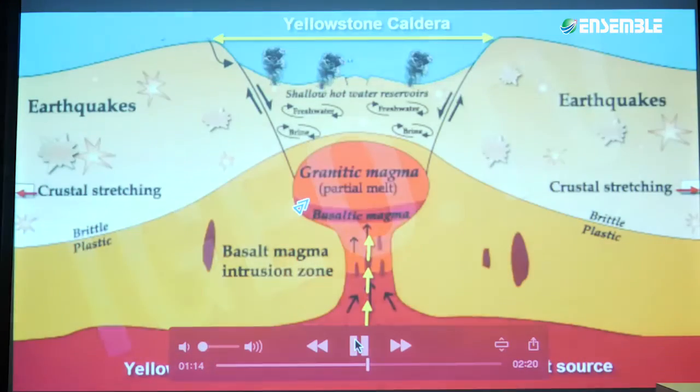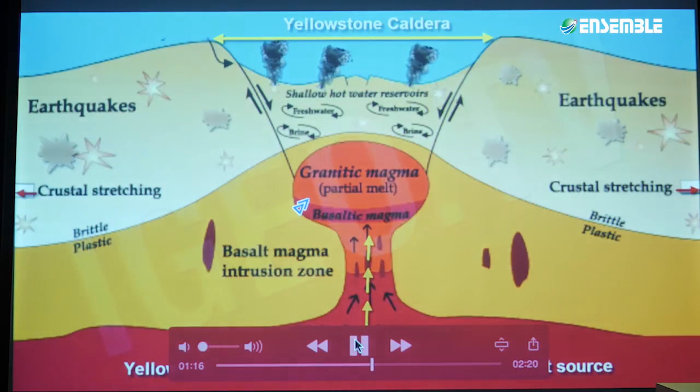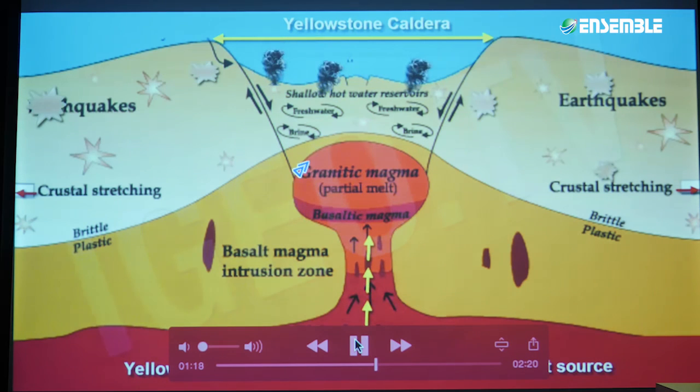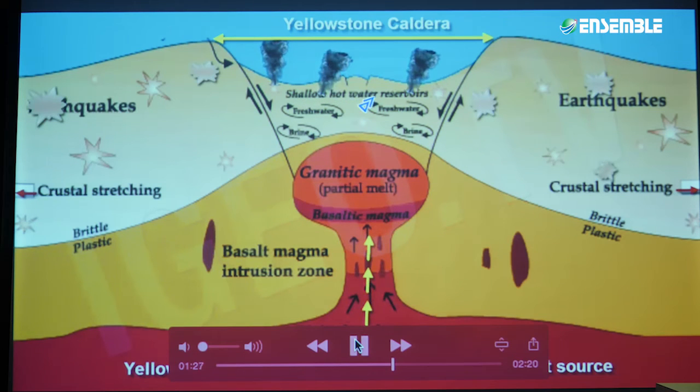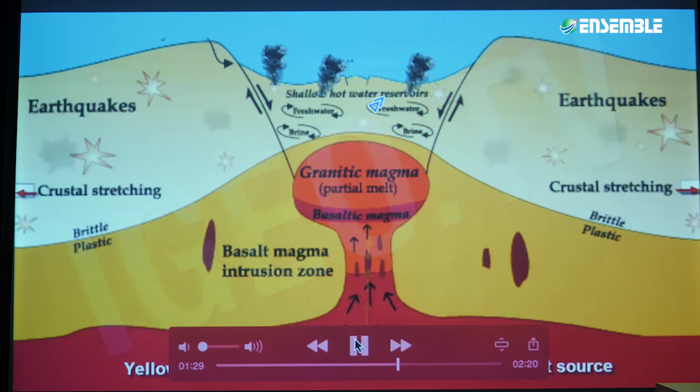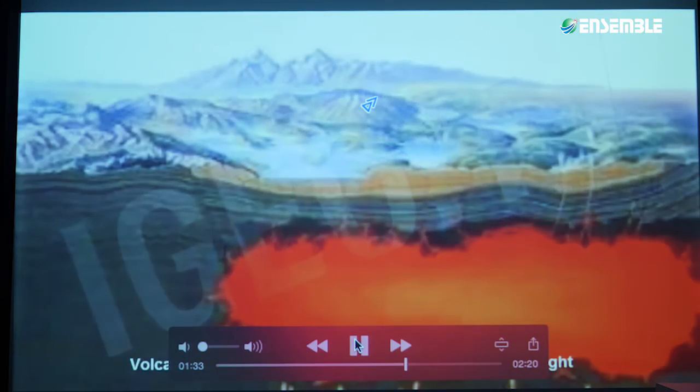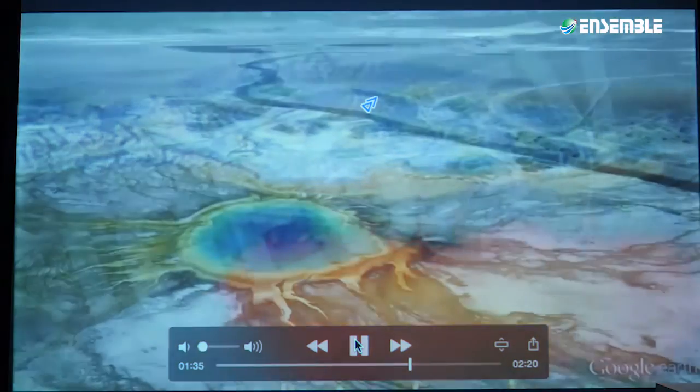That means such a long area has been affected. It has also led to the evolution of a Yellowstone caldera on the top, and all along this Yellowstone caldera you are going to find a lot of geysers, a lot of fumaroles. The region is essentially known for geysers and fumaroles.